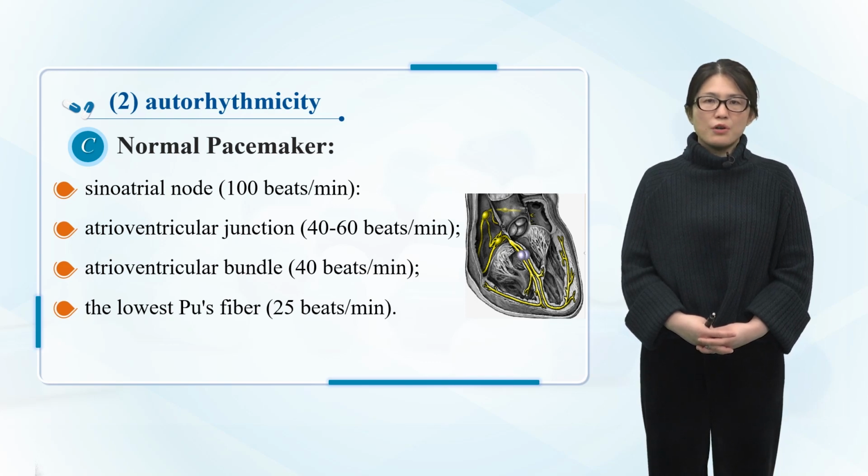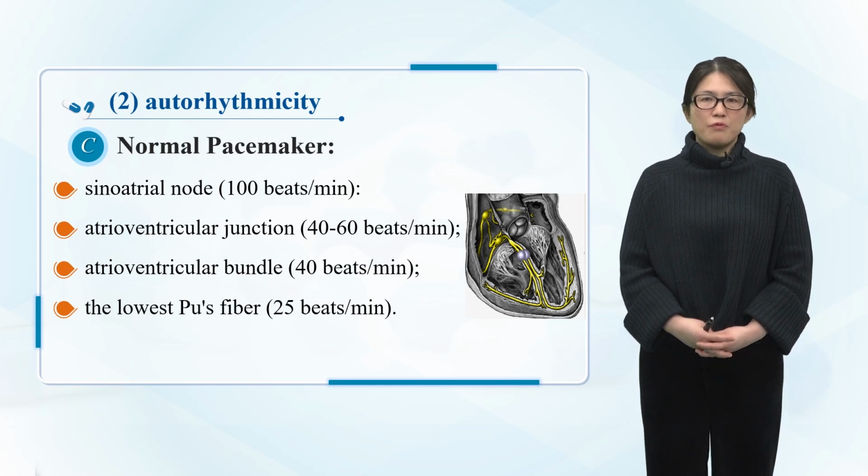Under physiological conditions, the total cardiac activity is carried out in accordance with the rhythmic excitation of the tissue with the highest autorhythmicity. Therefore, the sinus node is the normal pacing point of cardiac activity.